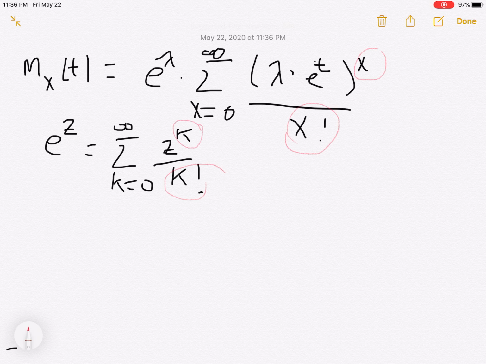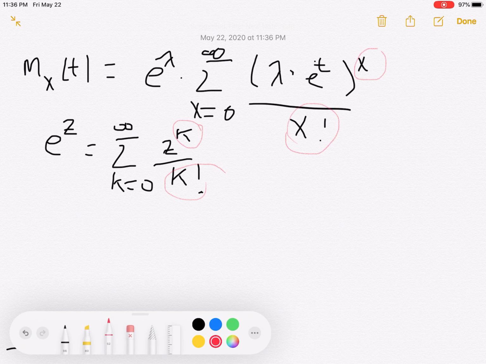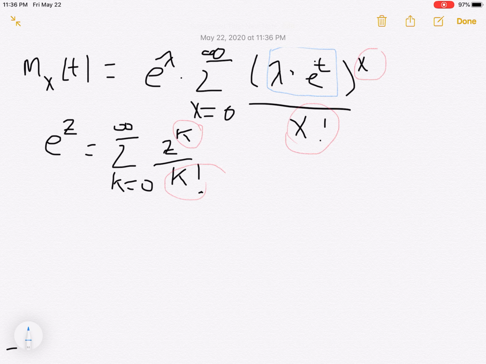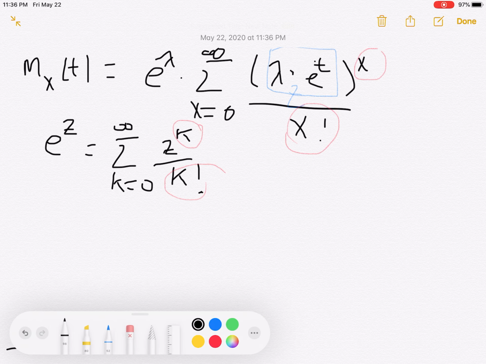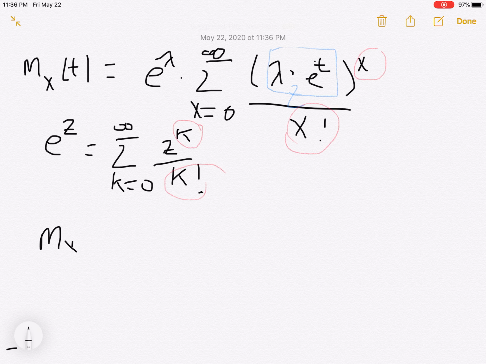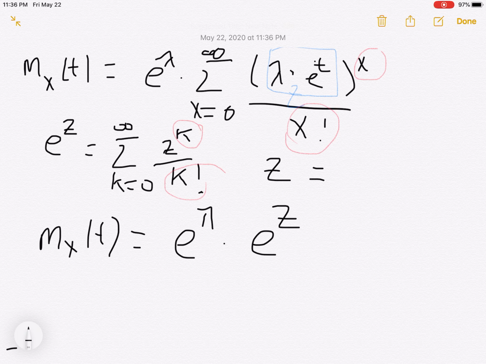I'm going to call this little piece right here z. And when I do that, that tells me that my moment generating function is e to the minus lambda times e to the z. And I'll write out what z is. That's lambda times e to the t.